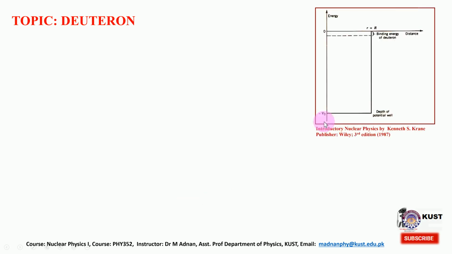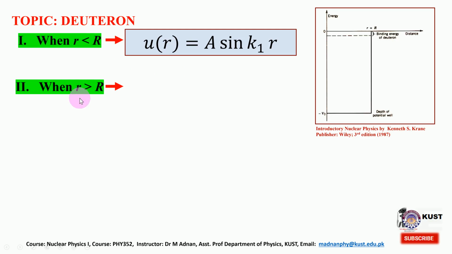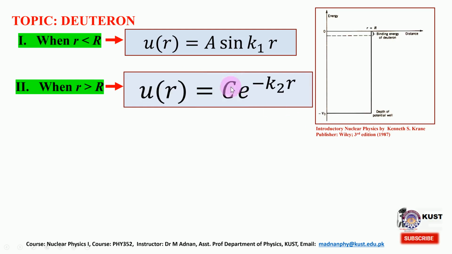So we have solved the radial part of the Schrödinger equation in these two limits. In the first limit, the solution of the radial part gave us a sinusoidal solution, and in the second, it was the decaying solution.